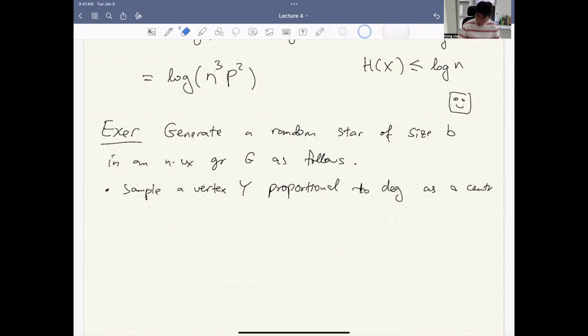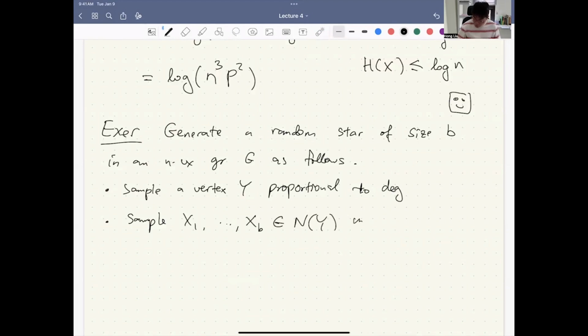Now we sample the leaves. Sample x1 through xb in the neighborhood of y, uniformly at random. This will give you a distribution over stars.